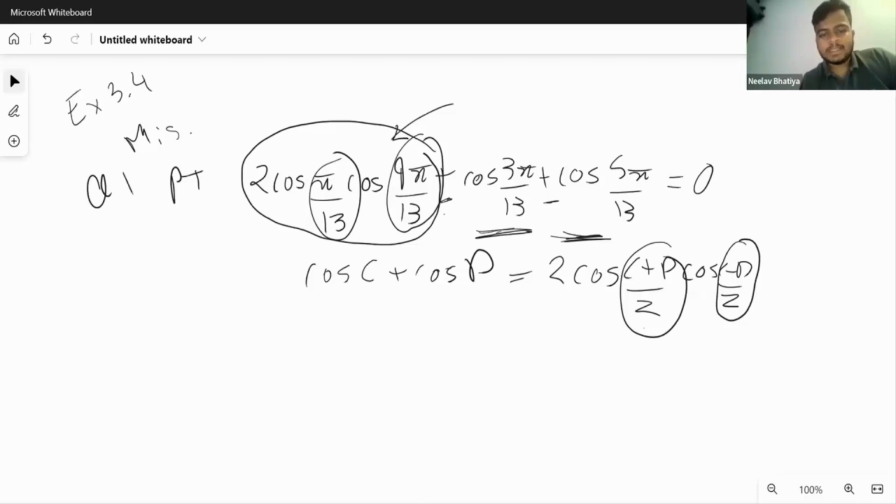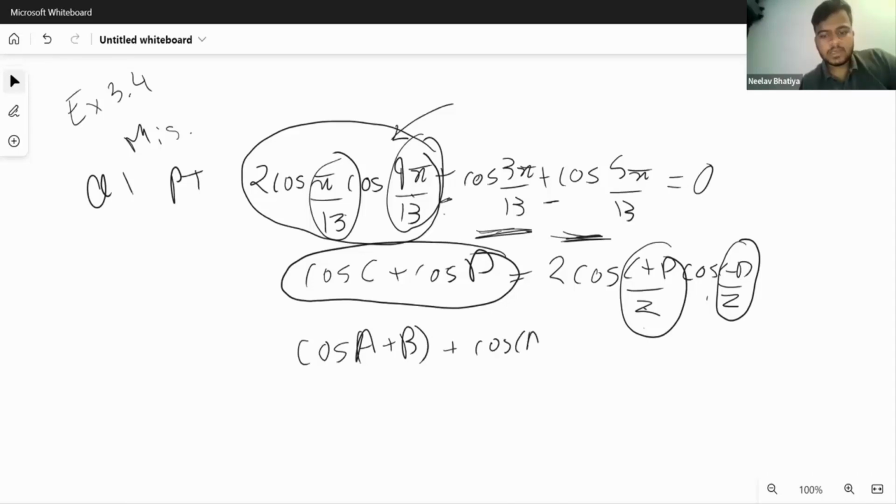If you replace these two terms here, you're going to get two separate cos terms. Correct. So when you try and do this, the formula that you'll end up with is cos (A plus B) plus cos (A minus B) is equal to 2 cos A cos B. Correct.